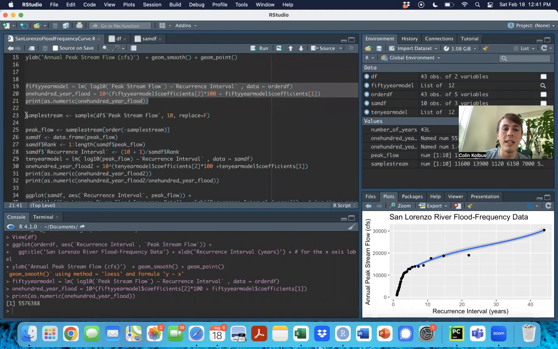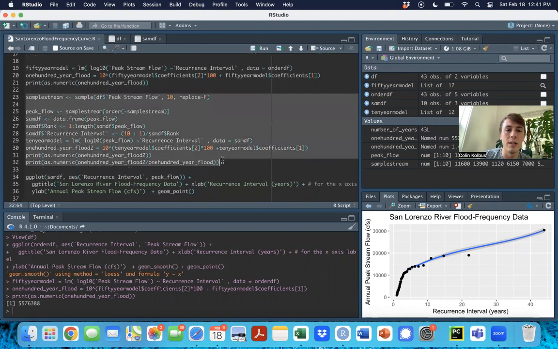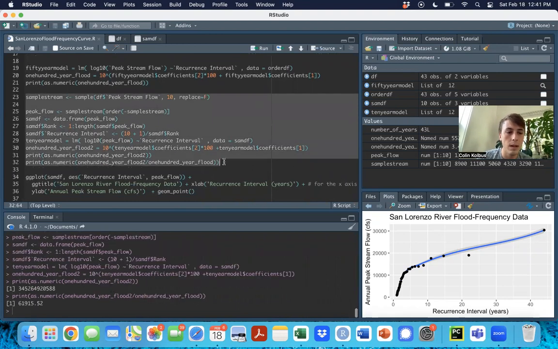And so I wanted to take a sample of 10 data points from that data set that we just worked with and see what happens if I only have 10 data points. What does my figure look like then? This one calculated a 100-year flood that has a volume of some astronomically large number.